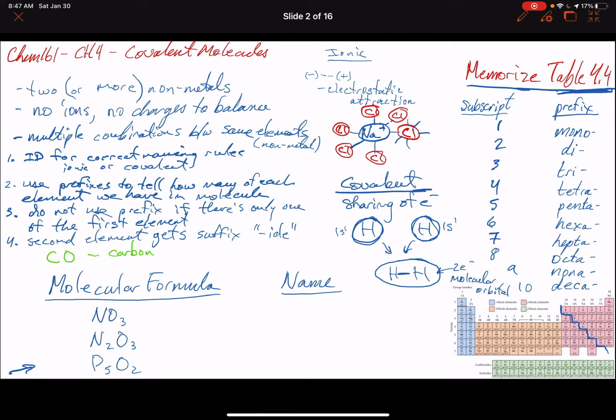In the second element, we are allowed to use prefixes to denote the number of these oxygen atoms. So here's where we're going to use our prefix. So we're going to go mono. Okay, and if I list mono-oxide, I would have 2 vowels next to each other. So when we encounter situations like that, one of the vowels is typically dropped.